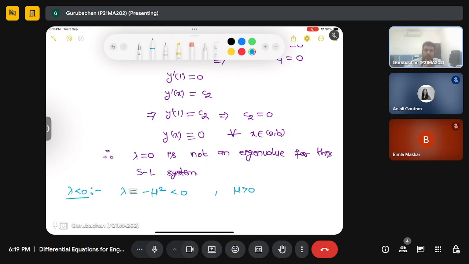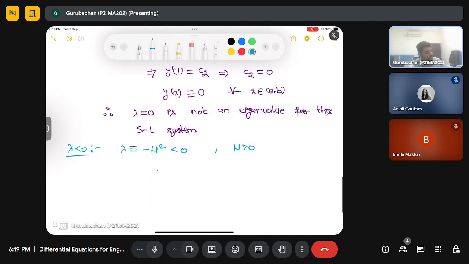The reason is that if you take mu to be negative also, then the solutions corresponding to mu greater than 0 and mu less than 0 will give you the same family of functions. For example, if y(x) is equal to a cos mu x plus b sin mu x, this corresponds to mu, and for minus mu this will give you a cos mu x and minus b sin mu x.